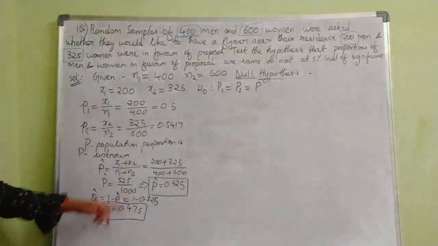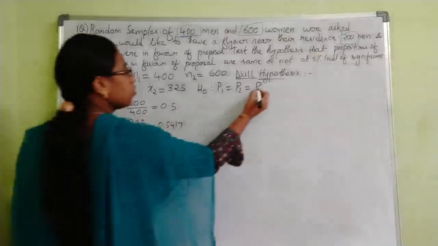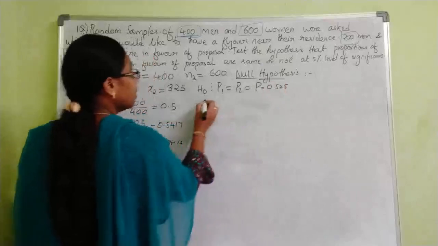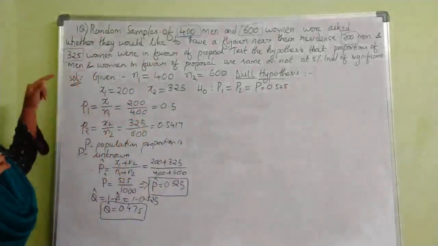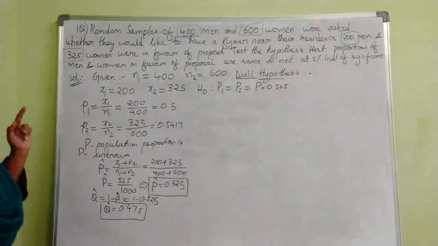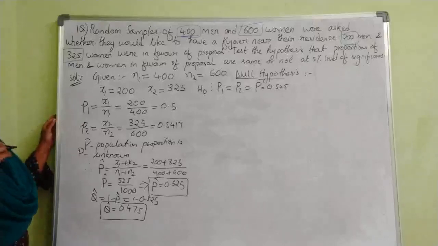That is 0.525. You can specify that value or can leave it like this also, no problem. So under the null hypothesis, P1 equals P2 means there is no significant difference between the opinions of men and women.